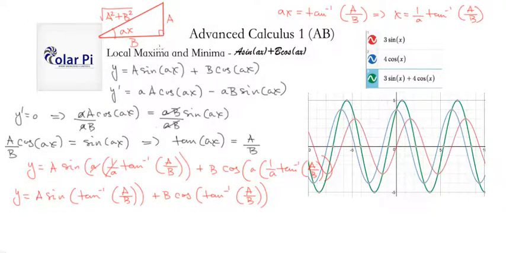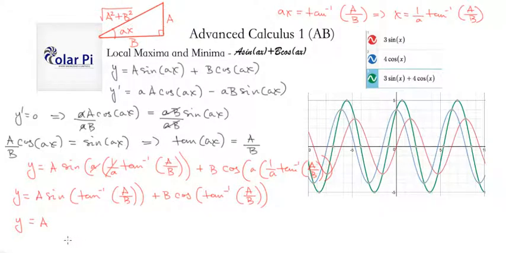Yeah? Cool. And now this triangle is going to be very helpful in simplifying this expression for Y, because now we see that Y equals capital A times sine of tan inverse of A over B. I've already said this. Tan inverse of A over B is AX. So sine of AX is what this reads. But sine of AX, according to this visual, has to be opposite over hypotenuse.